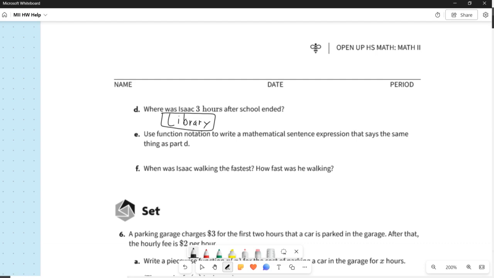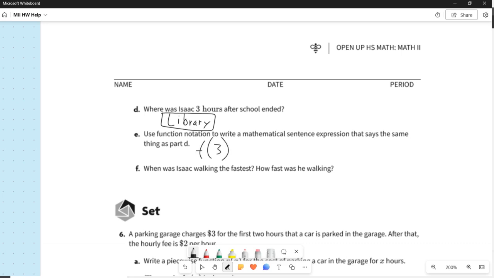Part E, use function notation to write a mathematical sentence expression that says the same thing as Part D. So, like I said for Part D, we're basically just evaluating this function at 3. So if we want to use function notation here, we can say that this is f of 3.